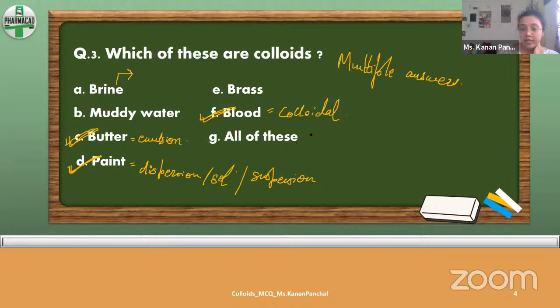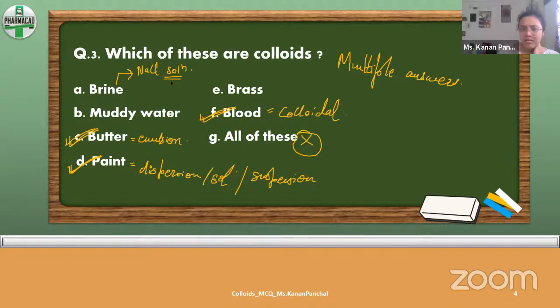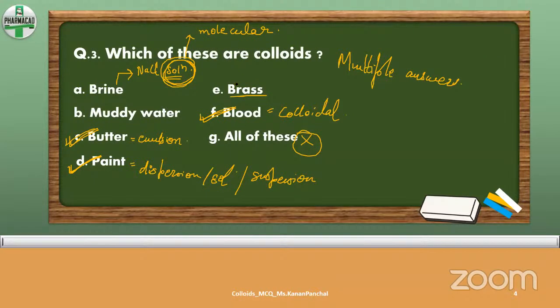All of these तो नहीं है. ये option इधर ही eliminate हो गया. What is brine? Brine is NaCl solution. Okay, but the point is that brine is a solution. It's in the molecular level. What is brass? It is an alloy.